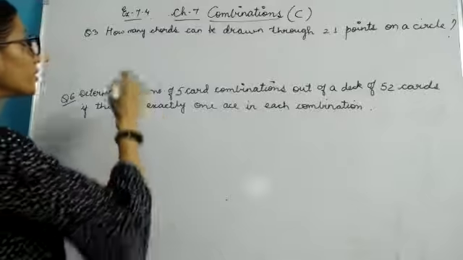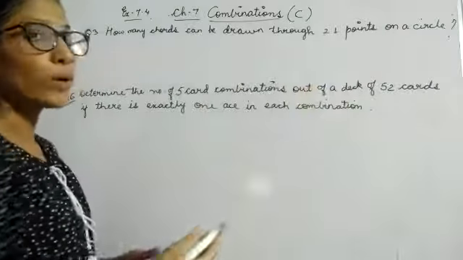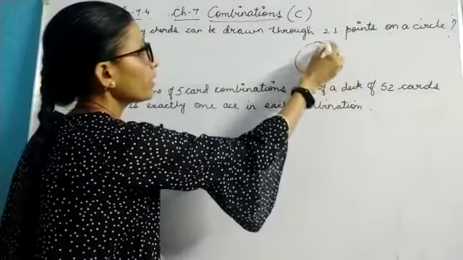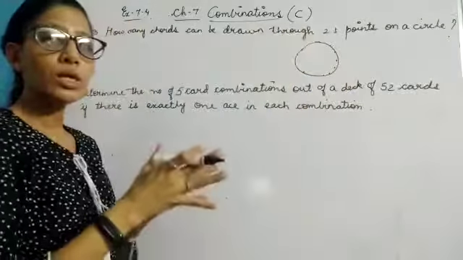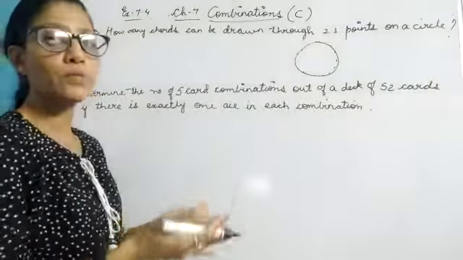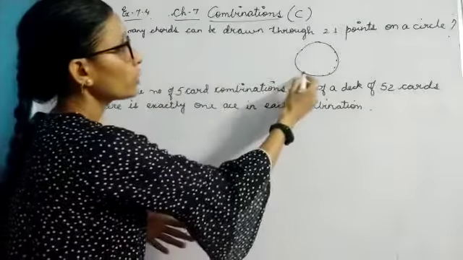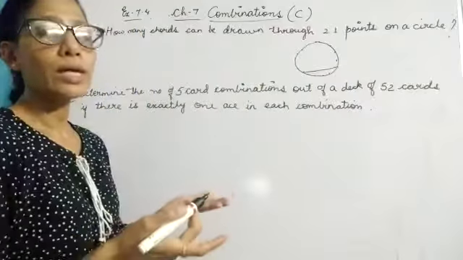The question given to you is, how many chords can be drawn through 21 points on a circle? There are 21 points on the circle, and how many chords are possible? How many chords can we draw out of these 21 points? So you know that if we select any 2 points, then a chord can be drawn.